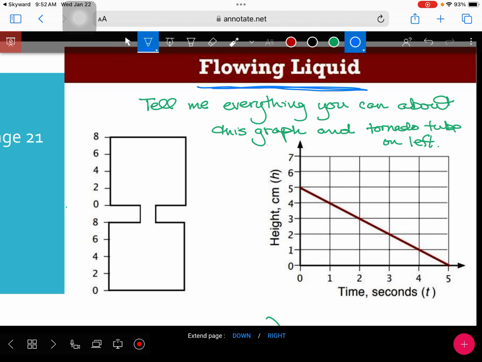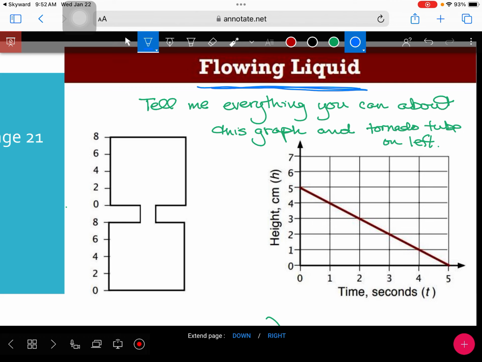But over time we see that the liquid height is going down, so it has to be talking about the top.